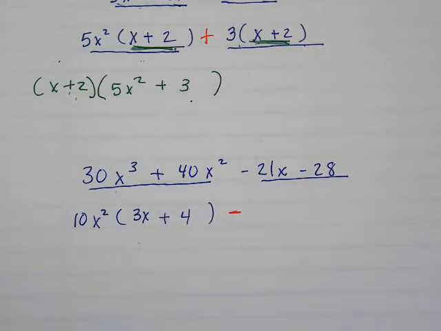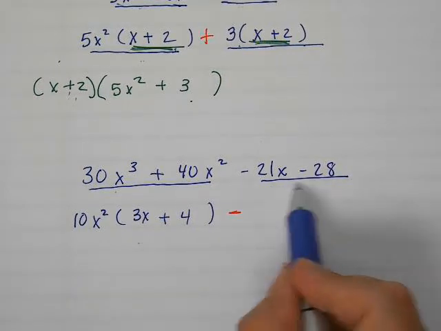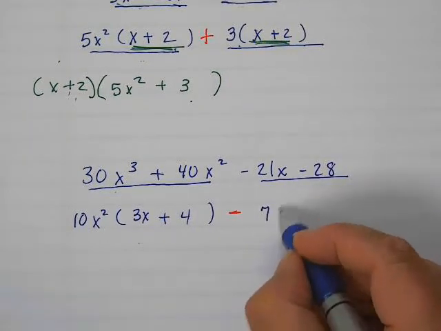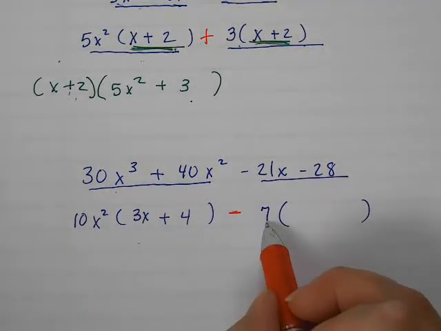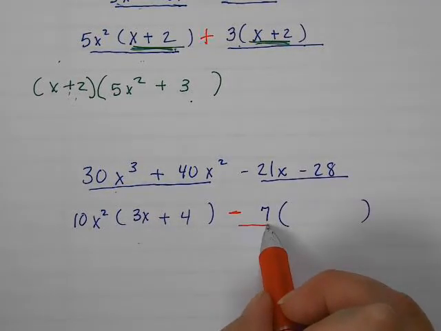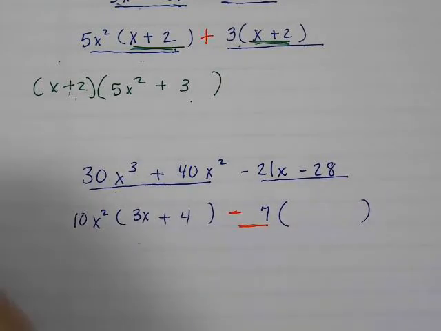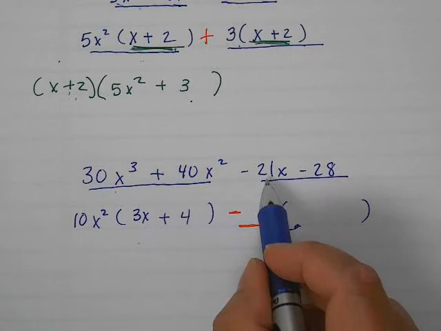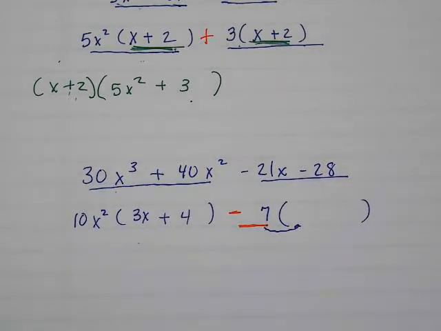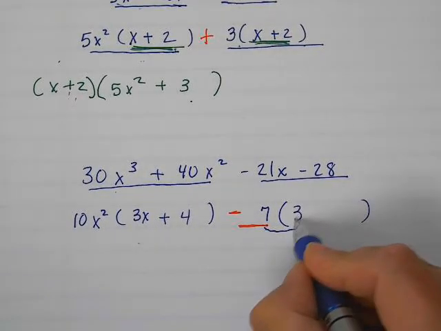Plus 4. Over here, what do they have in common? A 7. Now, notice on this one, I've pulled out a 7, but it's really negative 7. So when I think about what I have to put in here, I have to think negative 7 times what gives me negative 21x. And that would be a positive 3x.